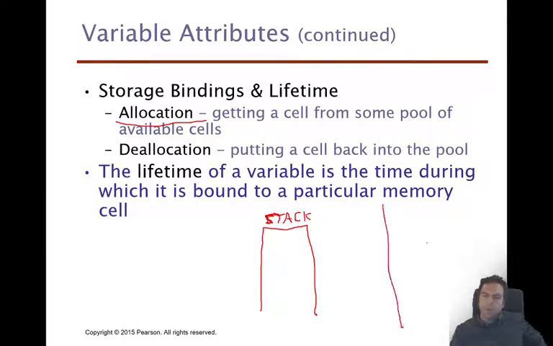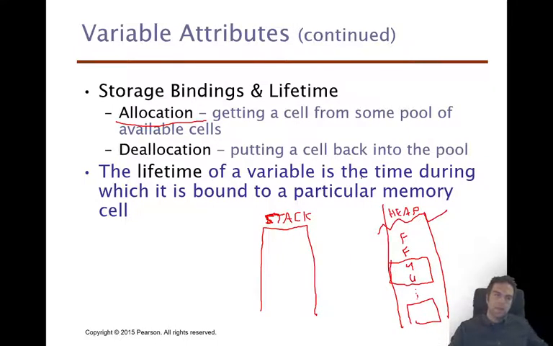But then most programs will also have something out here which we call a heap, not to be confused with the heap data structure. It means something different. The heap is just a region of memory that is either free or used, right? So it's divided into these little chunks of used regions, and in between them you've got some free space, right?